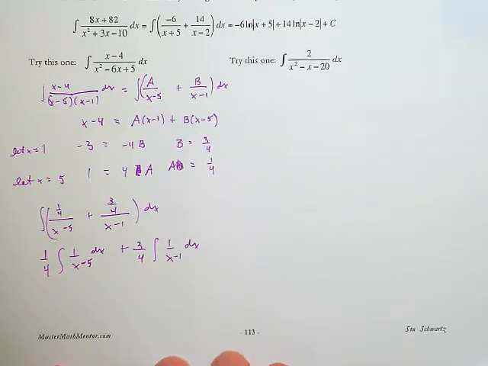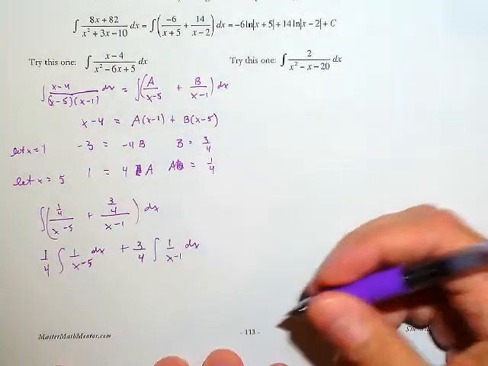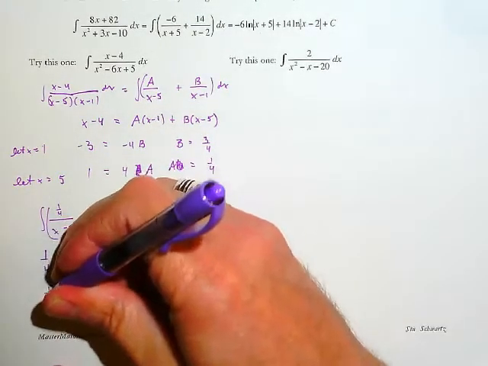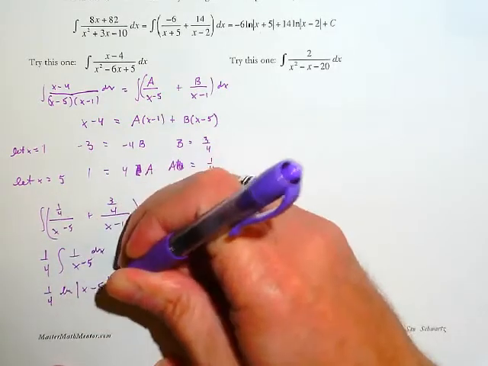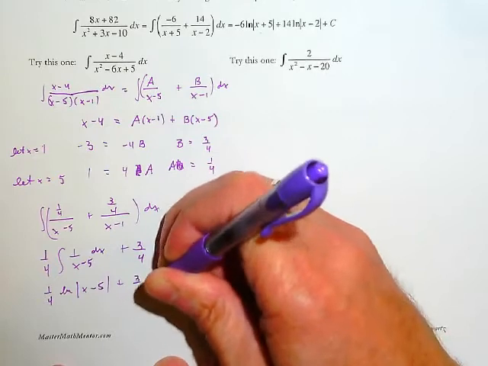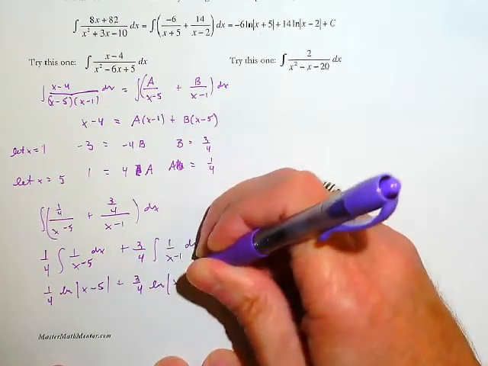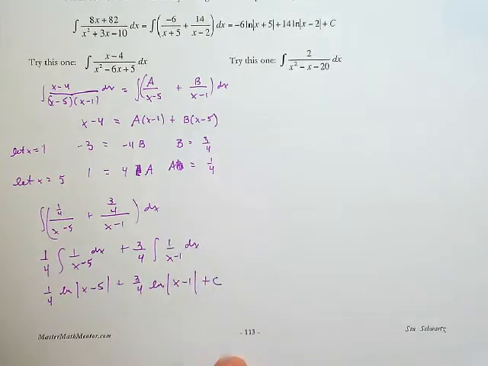That's our favorite. That is log, isn't it? And a lot of these will turn into logs. 1/4 natural log absolute value of x minus 5 plus 3/4 natural log absolute value of x minus 1 plus c.